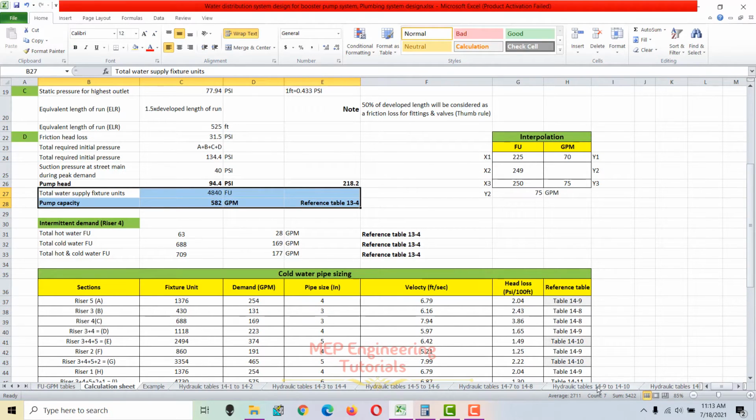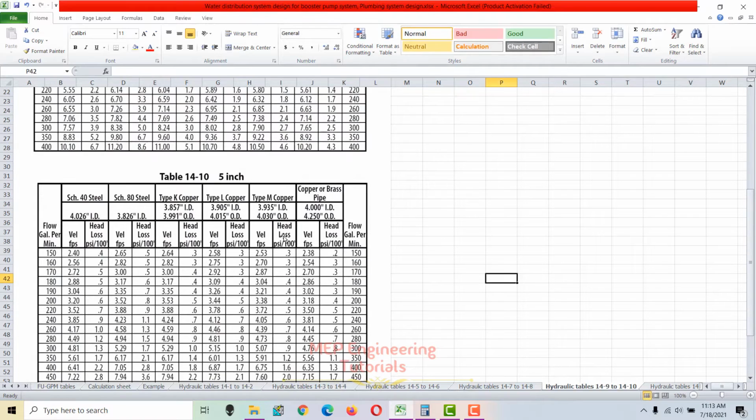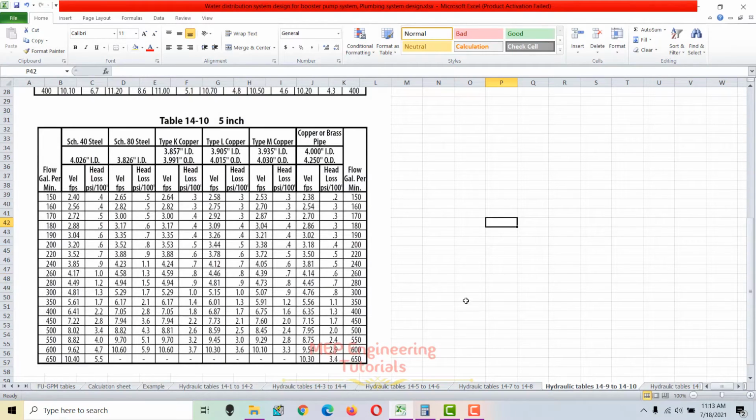This time I'm going to check the hydraulic table. Over here it's the 5-inch table, and if you check, the demand here is 550 and 600. Since this is again inside the building, we have to use type L copper.